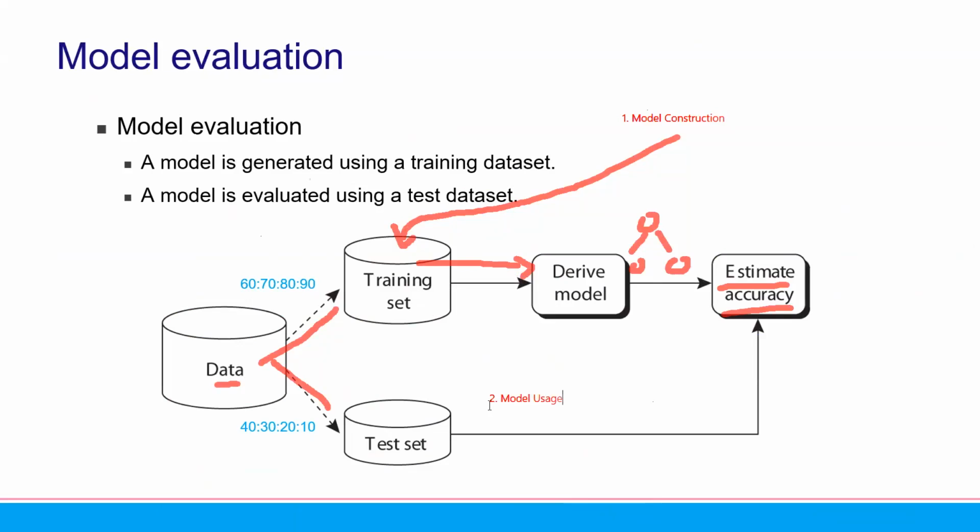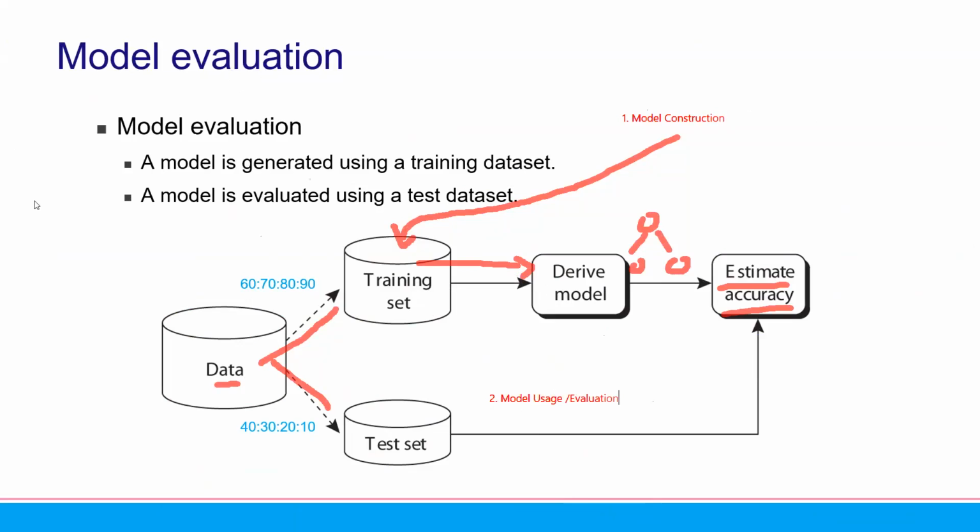You learned in the first part of our slide, there are two processes of the classification: model construction and model usage. In this part, I call it evaluation. So we can also say this is the model evaluation.